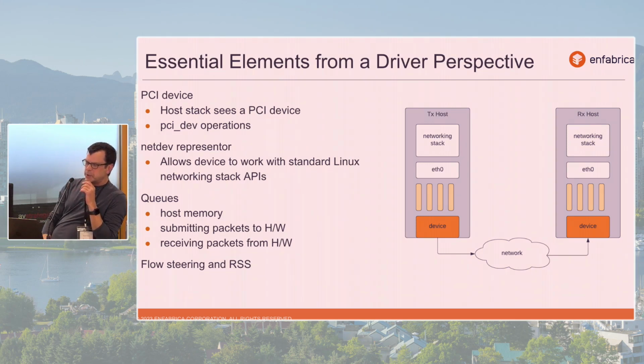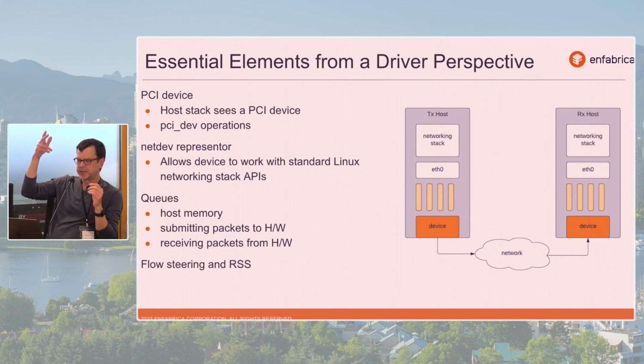All right. And so when you're developing a driver, some of the essential elements that you have to deal with, generically speaking, the host stack sees a PCI device, and then there's these PCI dev operations that the driver has to handle. From there, you're going to have a Netdev representer, which is your way of presenting your device to the Linux networking stack. The Netdev has all kinds of net and NDO operations that it has to implement to say what it supports and how it's going to implement things.